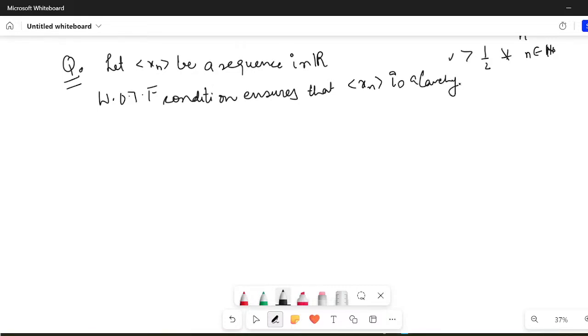First, the limit as n tends to infinity of the modulus of xn plus 1 minus xn equals 0. So if xn is a sequence in R, does this condition, that the limiting value of the modulus of xn plus 1 minus xn is equal to 0, ensure that xn is Cauchy?